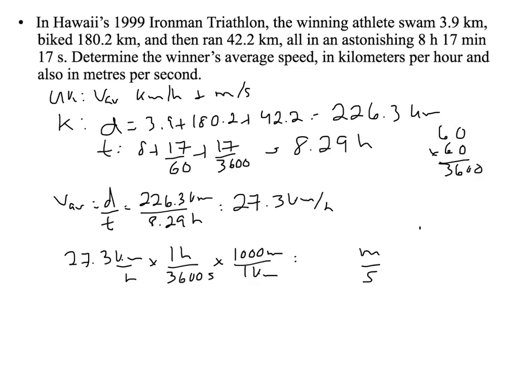And when we do that, we end up having 27.3 times 1,000 meters divided by 3,600 seconds. And we get 7.58 meters per second. There's one answer, and there's the other answer.